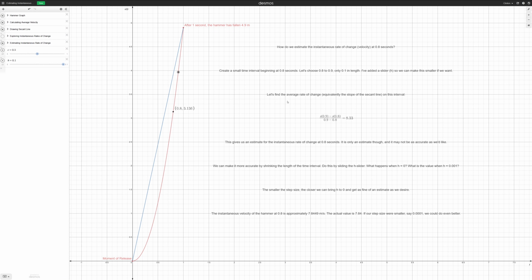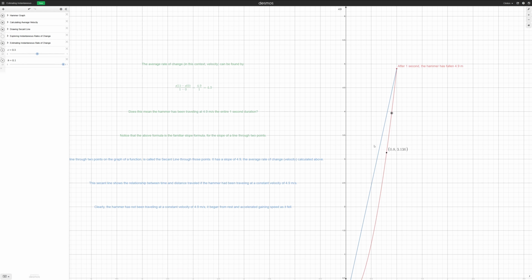All right, in order to find the average rate of change on this interval, we do what we did earlier: final minus initial divided by final minus initial. Rise over run.